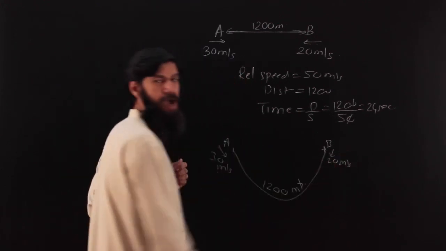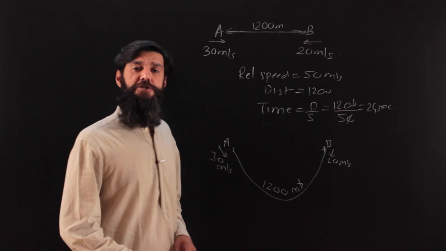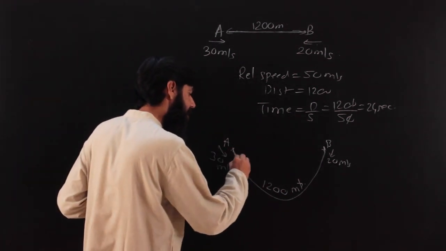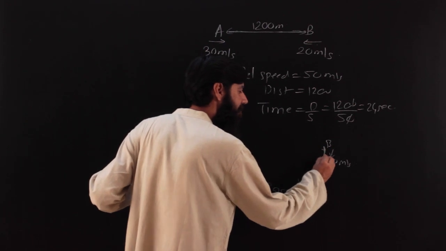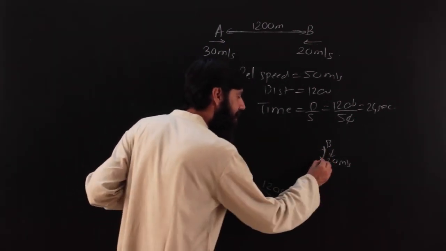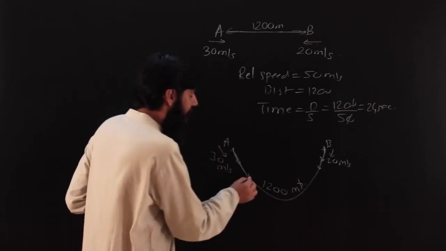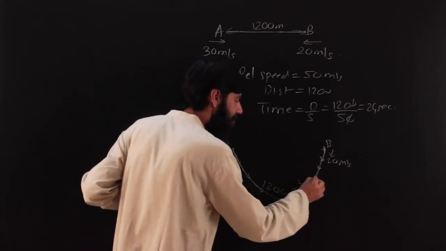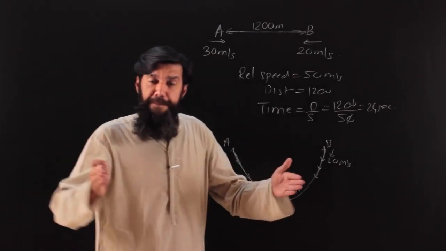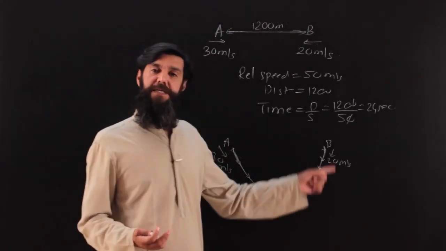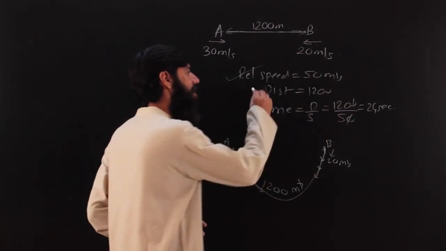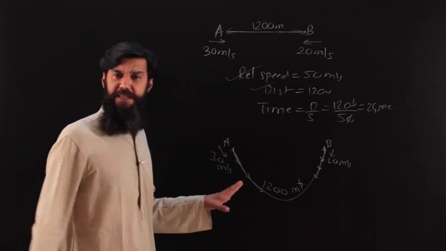So would that really change the question dramatically? It is still that A is going to cover 30 and B in the same time will cover 20. A in the next second will cover 30, B in the next second will cover 20. So in the same second, again they're coming closer by 50 meters per second. Everything remains the same. Relative speed remains 50 meters per second, distance is 1200 meters.